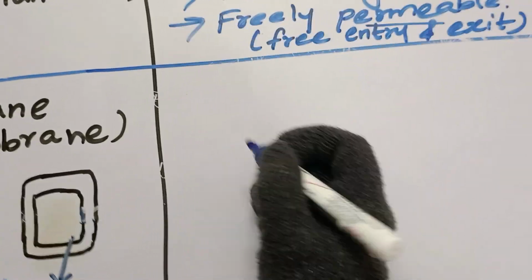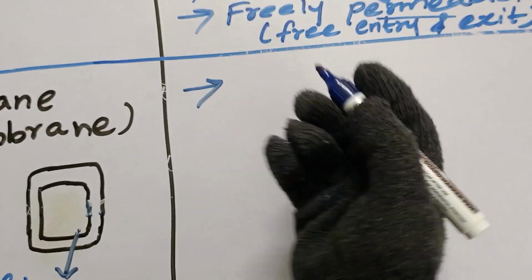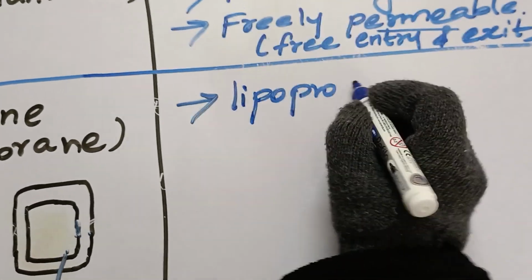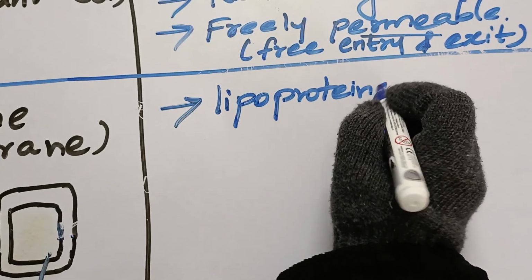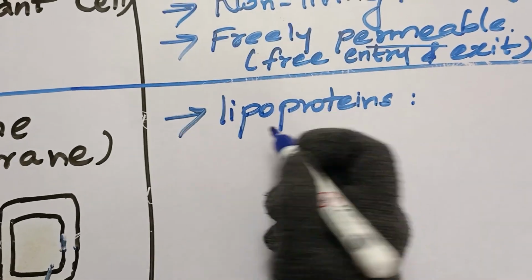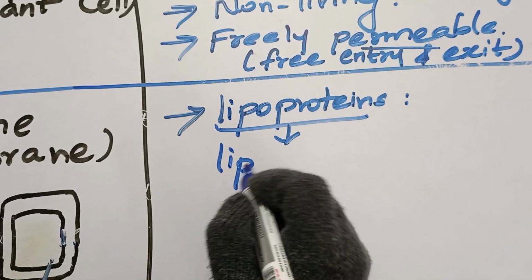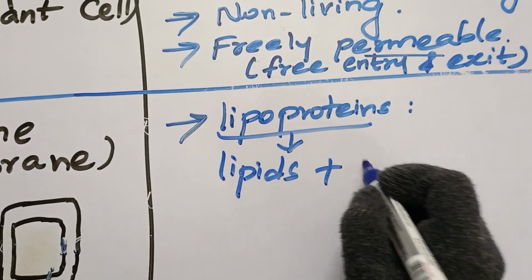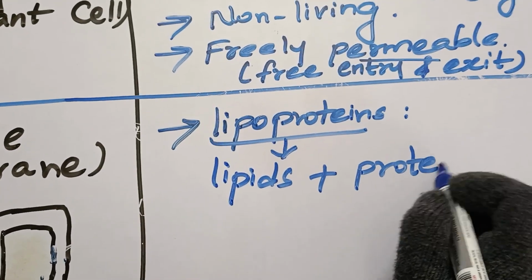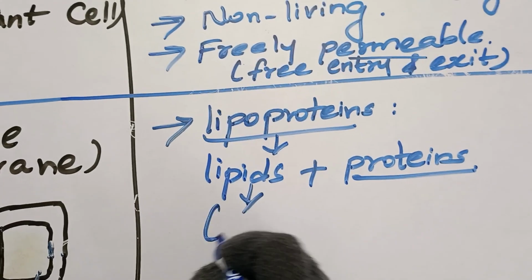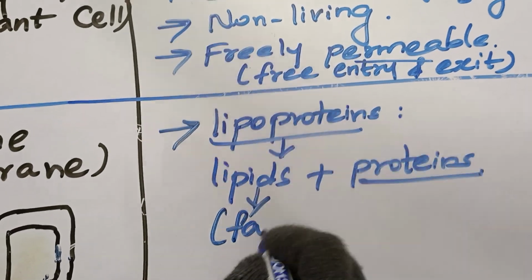Talking about the characteristics, this cell membrane is made up of lipoproteins. Lipoproteins is a two-word combination: it consists of lipids plus proteins. As we know the meaning of the word proteins, talking about lipids, these are nothing but fats.